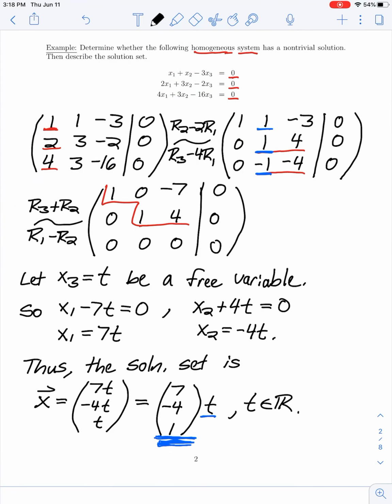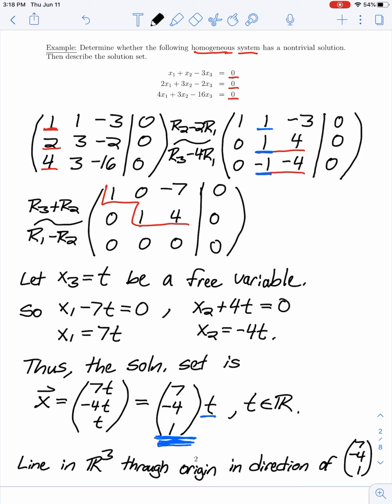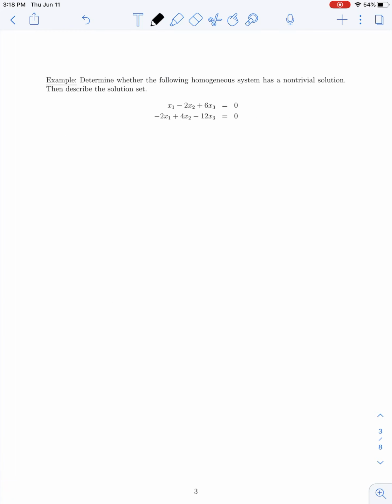So here, our solution set is a line in R3, through the origin, in the direction of this vector, 7, negative 4, 1. We're just looking at all scalar multiples of that vector, which would describe some line moving in the direction of that vector.